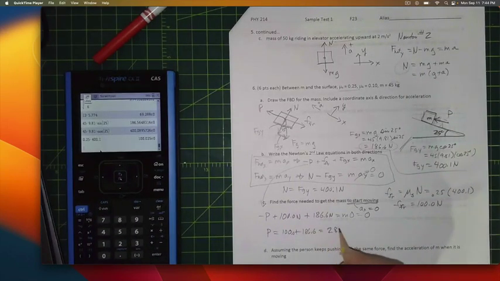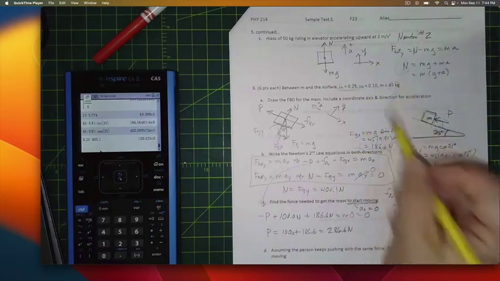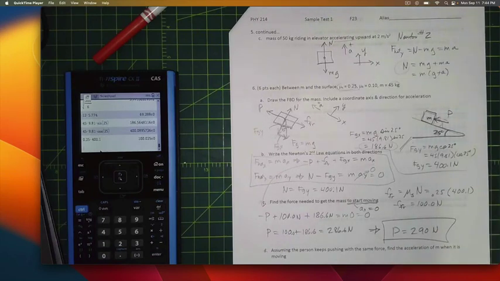So P is 286.6 newtons, but how many sig figs do we have? We only have 2, so P is 290 newtons. Let me just check my numbers here to see if I got the same numbers before. Looks good. I didn't round, but that's 290 newtons.